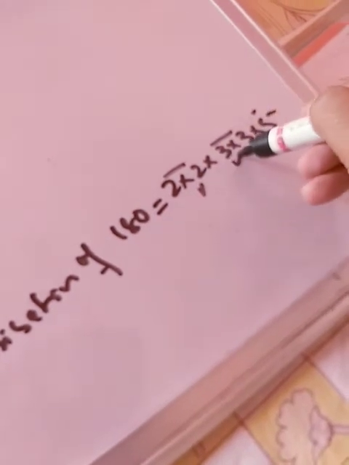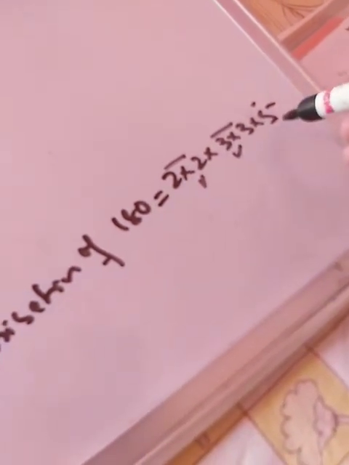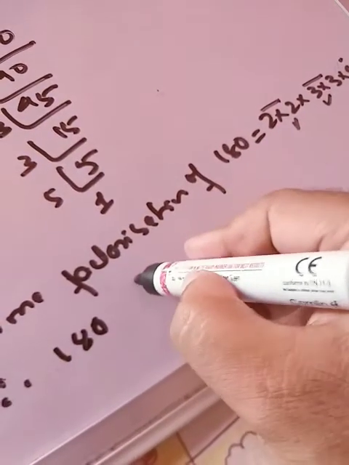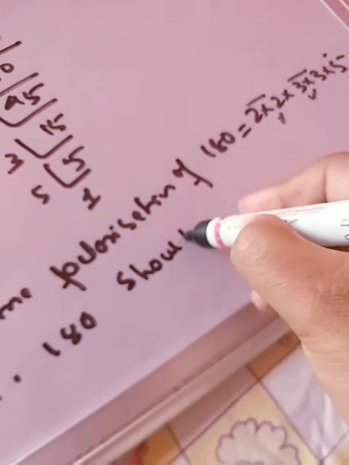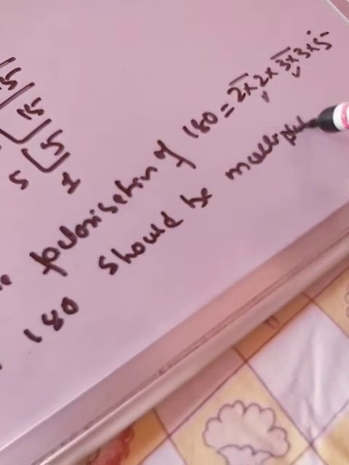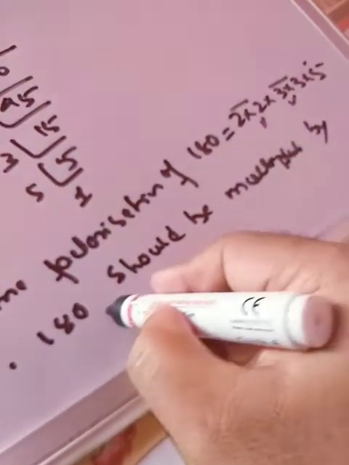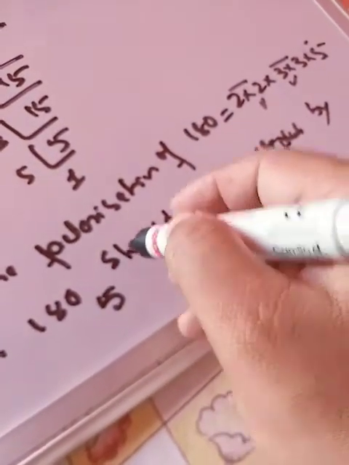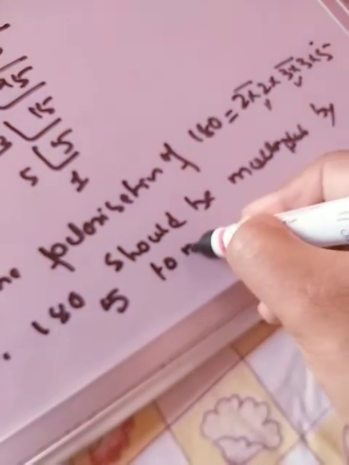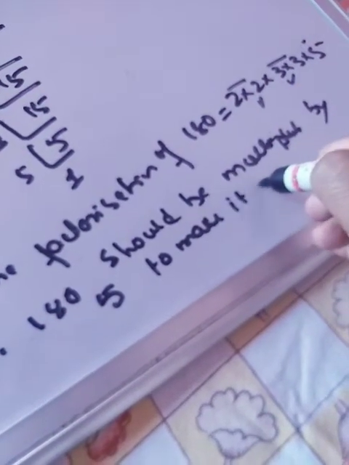These two factors are already in pairs, but 5 is not, so we have to make 5 a pair. Therefore 180 should be multiplied by 5 to make it a perfect square.